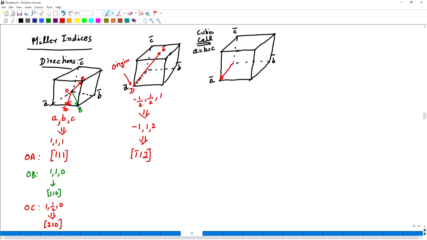Its Miller indices clearly, along A it is 1, along B it is 0, along C it is 0, and therefore, the Miller indices become 1, 0, 0. Let me call this the vector OA. Let me call a second vector OB. So, this is OA.